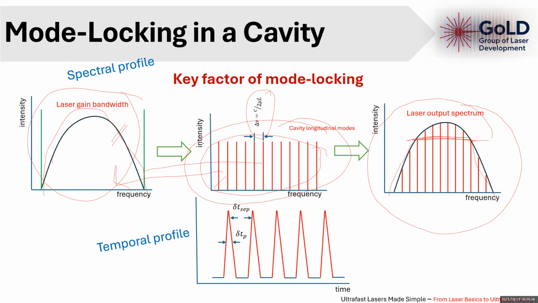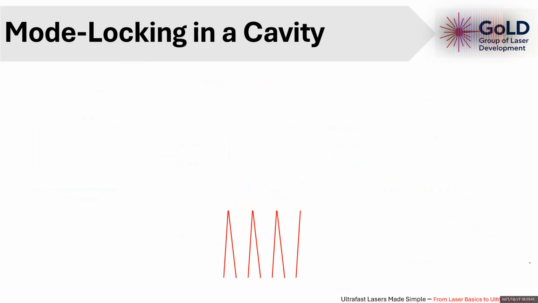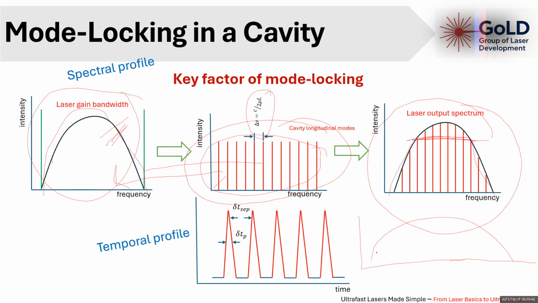So now, if you have a very, very wide gain bandwidth of the gain medium, suppose like this, it means it can have so many longitudinal modes, axial modes, as compared to this one.